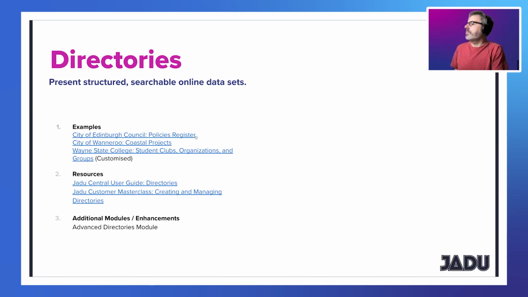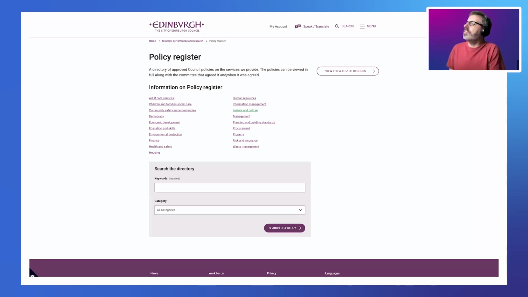Just as some examples of directories, we've got the City of Edinburgh Council's policies register. This is a really great example of how you can get all of your policies in one place on a website. So for people who are interested in policies, they've got one place they can find them rather than them being scattered across the site.